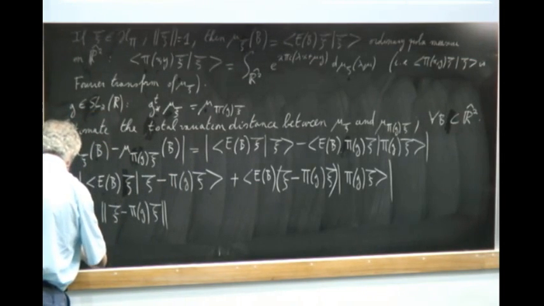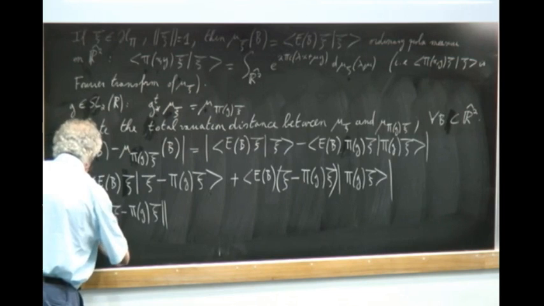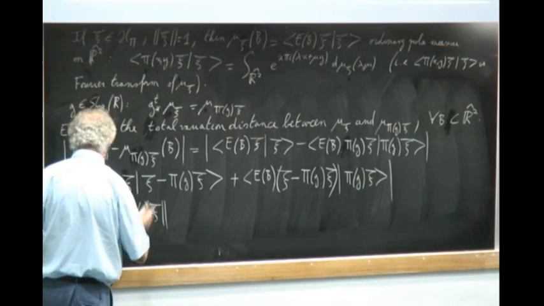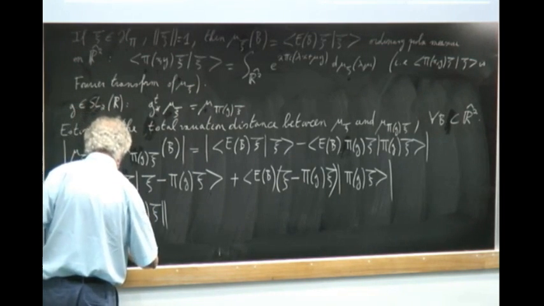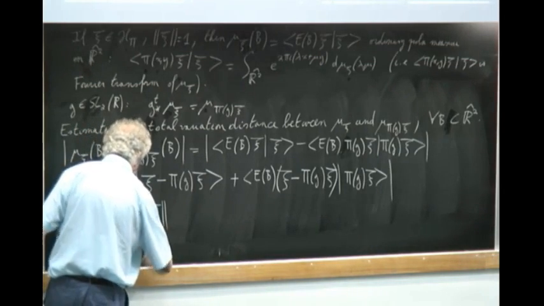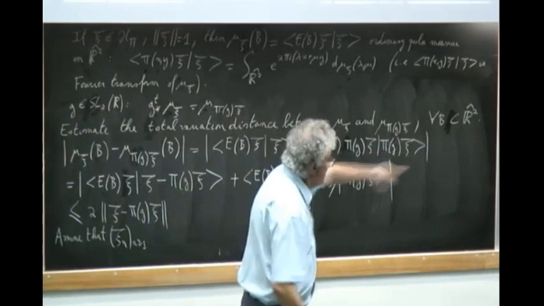Okay. So now I'm going to assume that pi almost has invariant vectors.